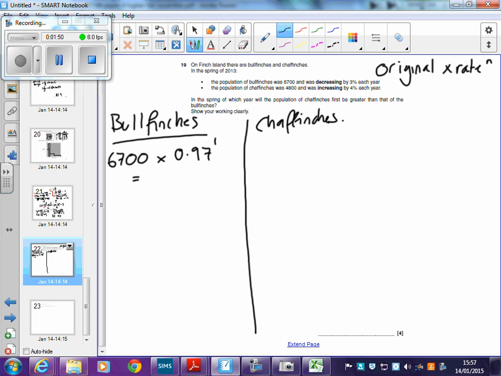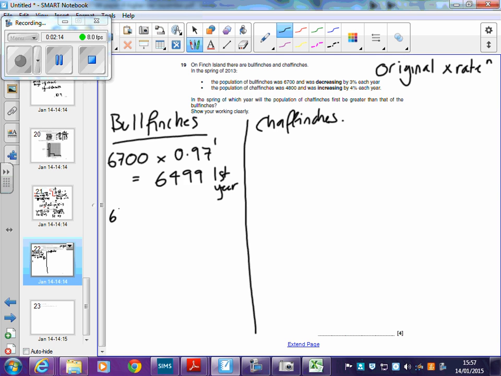This is why we have the calculator: 6,700 times 0.97 equals 6,499. I'm going to do a few years for the bullfinches and then do the chaffinches, just because then I can press the replay button on my calculator and keep changing the number, which makes life a little bit easier. So that's the first year.